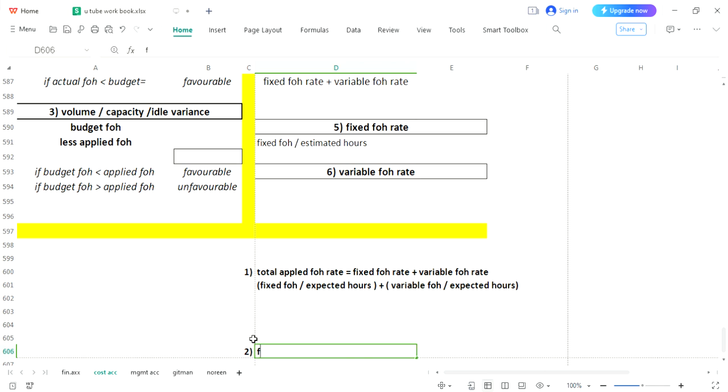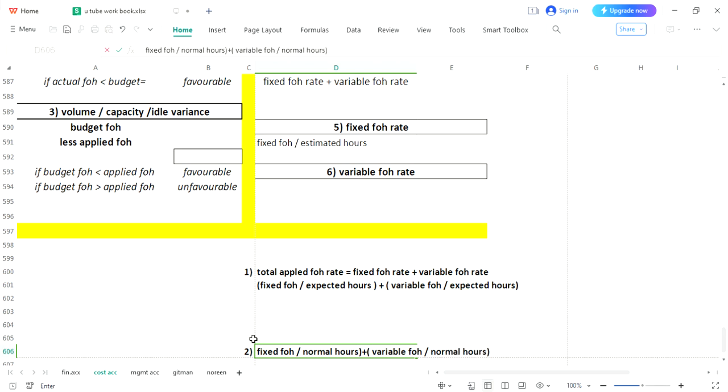So first fixed FH, and it would be divided by normal hours, and you will add to it variable FH rate. So variable FH would be divided by normal hours.